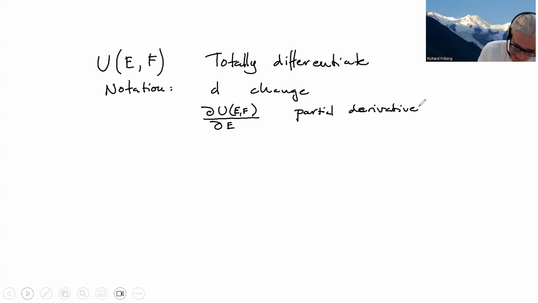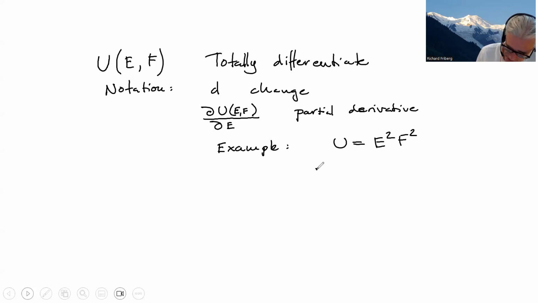To take an example of that, assume that the utility function has a particular form, say E squared times F squared. Very simple form.